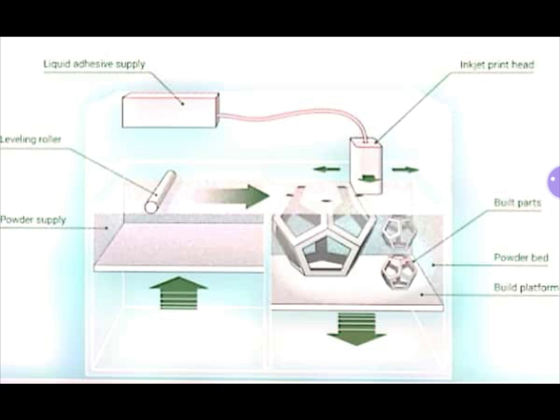After leveling the powder, the liquid binder present in this container is transferred to the inkjet printhead. This inkjet printhead is going to move on the surface of the platform in horizontal and vertical directions.